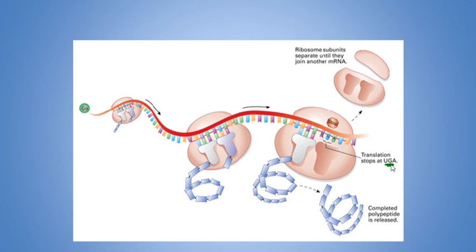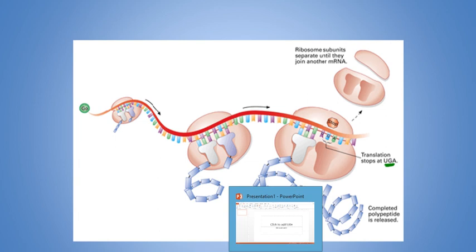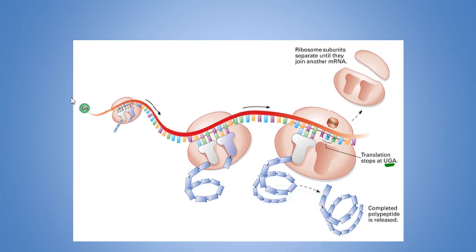It's stopped at the stop codon here, UGA. And then this could be thousands of amino acids long. And what will happen is as it gets big enough, it'll start to bend, and it'll start to fold, and the more complex it gets, the more folds it has. But that'll be for another day to talk about protein structure.